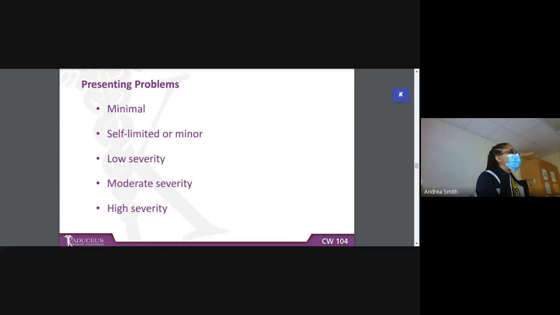And these are the types of presenting patients that you will have. You will have minimal, self-limiting or minor, low severity, moderate severity, or high severity. And all this is doing is breaking the codes down into when you do start coding, you'll see where they all come together, which I really am hoping that we can get there today.